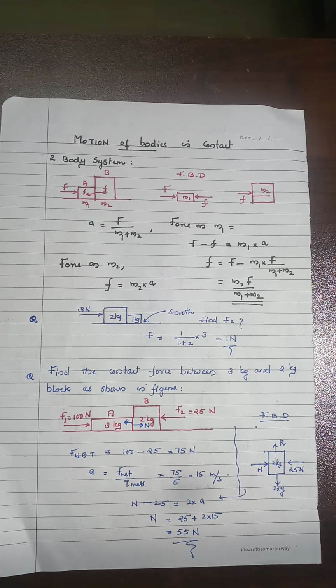Here, the two bodies A and B, M1 and M2, a horizontal force F is given. We need to find the contact force between them. Look at the first mass M1. The horizontal force F is acting, but the contact force in between them is acting towards M1, labeled here.